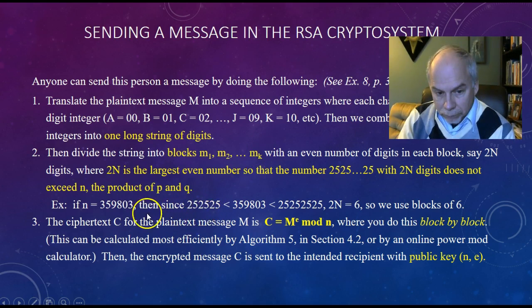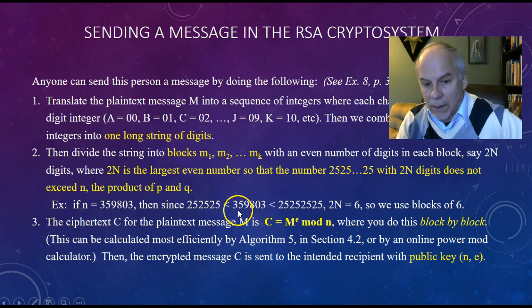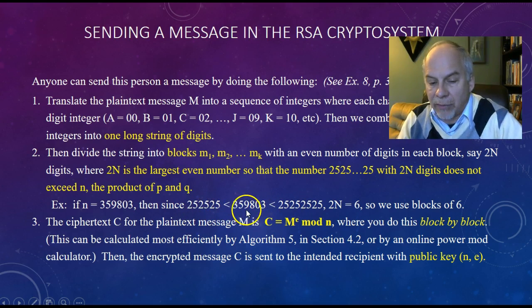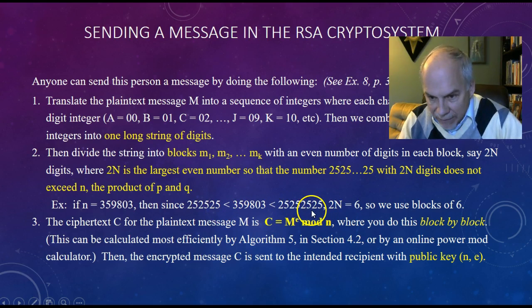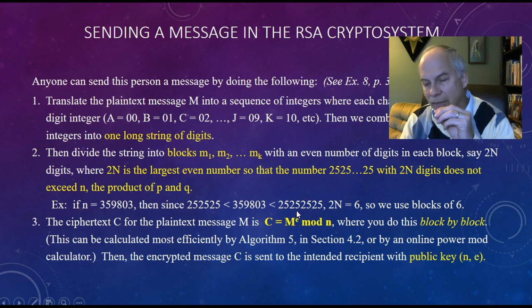Now, you look at how many digits that number 359803 has, and you place it in between the numbers 252525 and 25252525, and see where it falls. Now, this would fall in between a 6-digit 25 number and an 8-digit 25 number. And remember, you always have to have an even number of digits here.